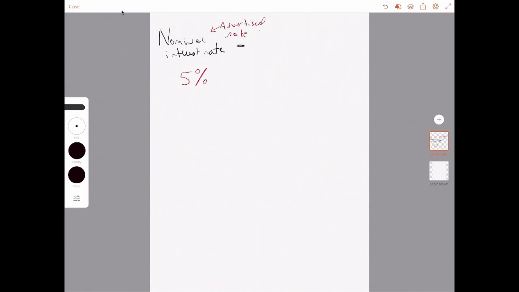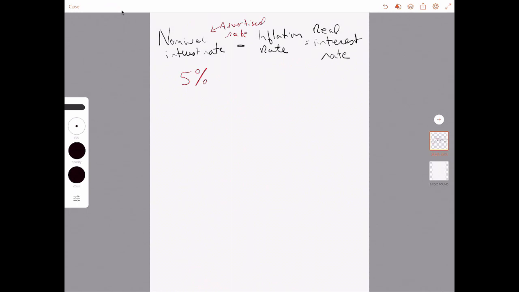So if we take the nominal interest rate and subtract the inflation rate, that gives us the real change in purchasing power, or the real interest rate.